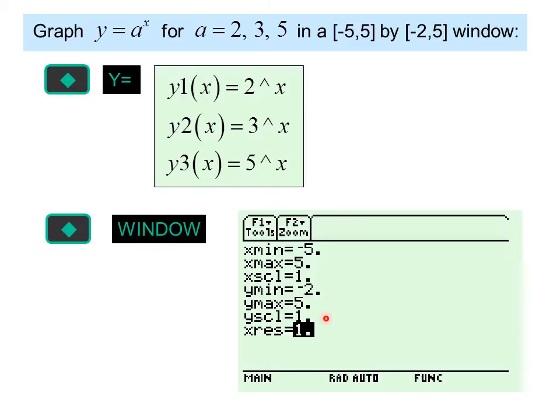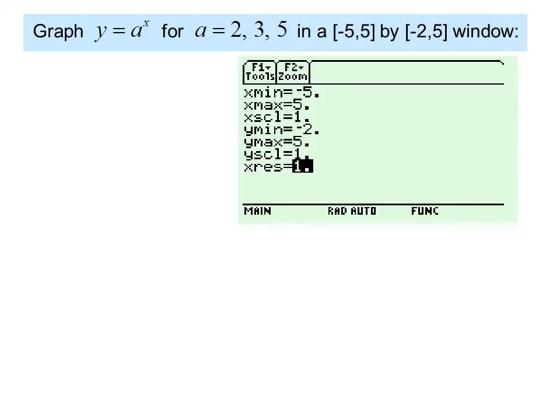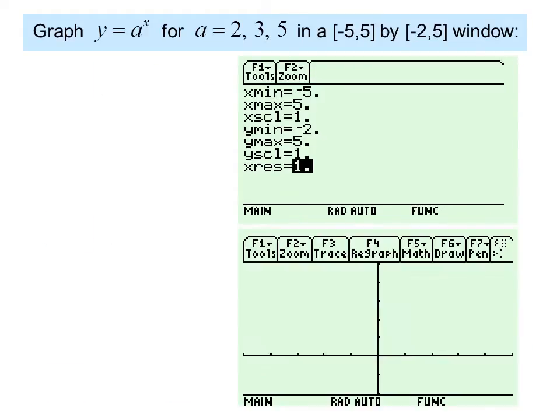We set the scale to 1 for the y-axis, and we leave the resolution 1. Actually, in the titanium models, you don't have the option to change the resolution. Then press diamond graph, and there are our graphs.